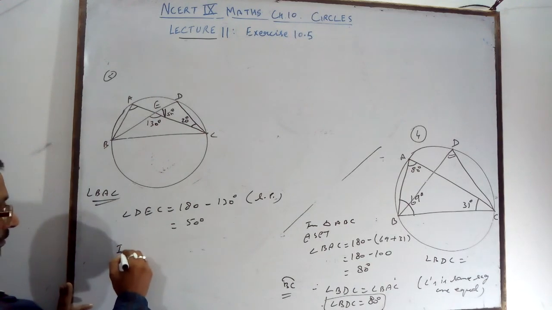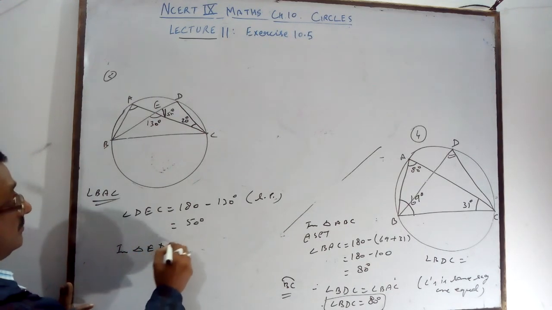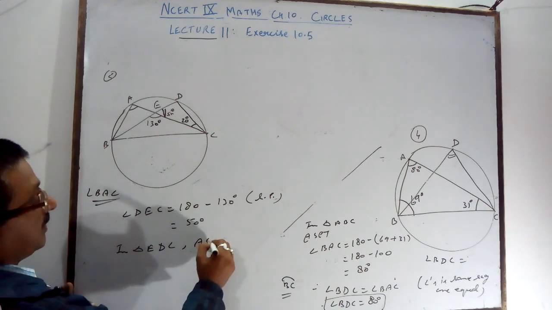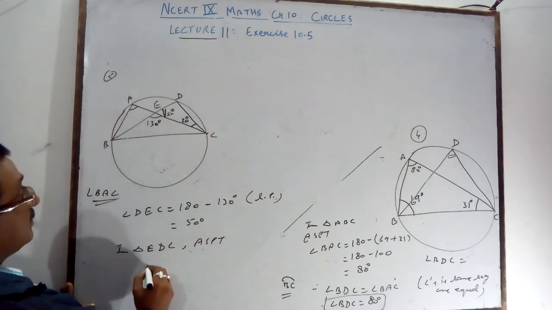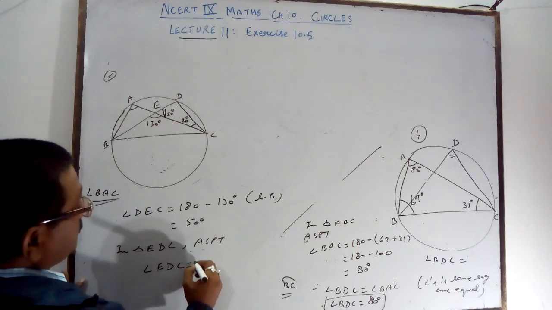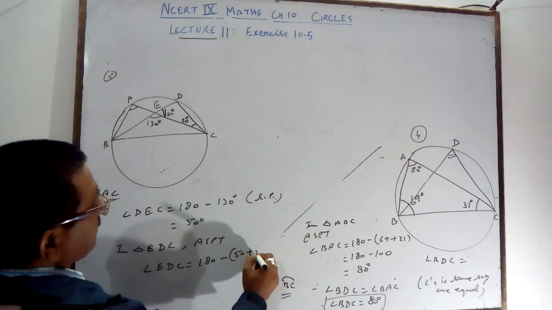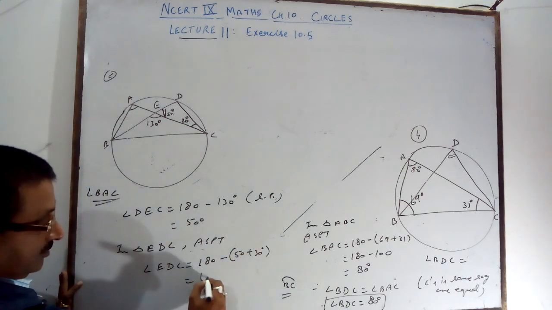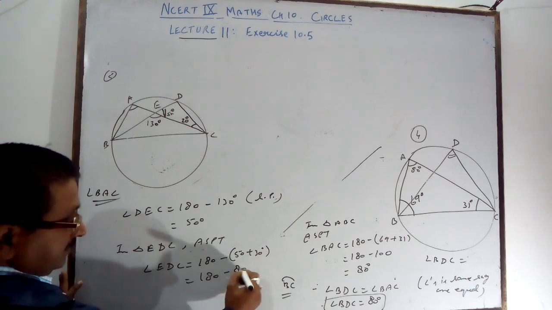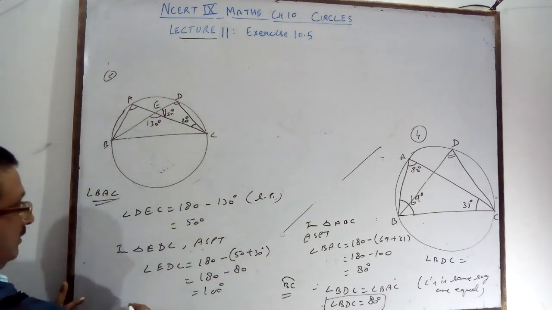Then in triangle EDC, apply angle sum property: angle EDC is equal to 180 minus (50 plus 30). Directly I am writing 180 minus 80, which gives 100 degrees.